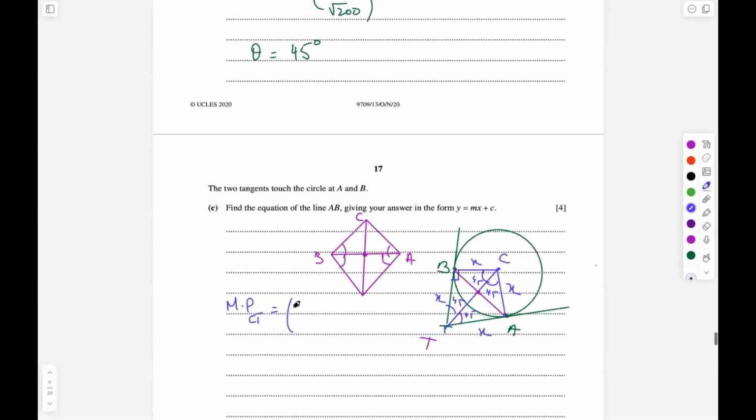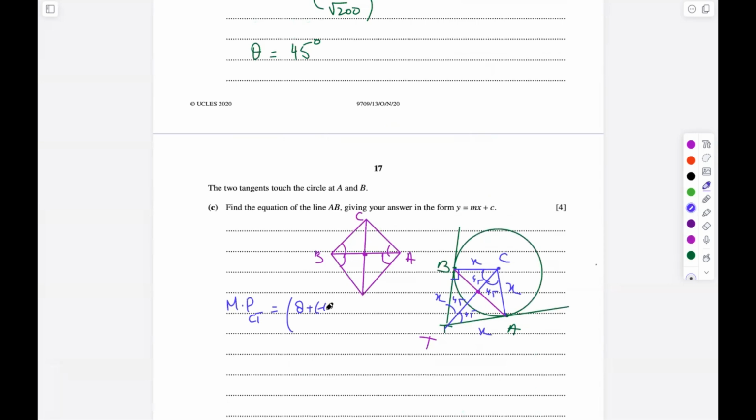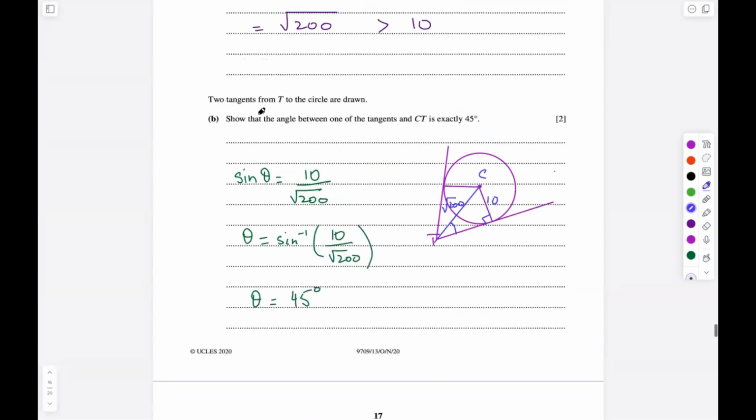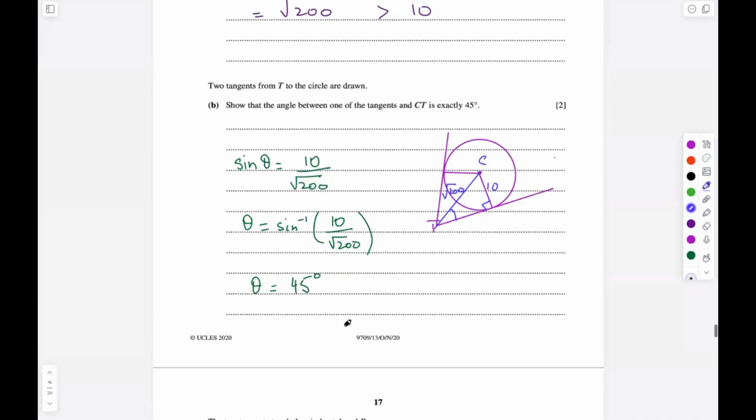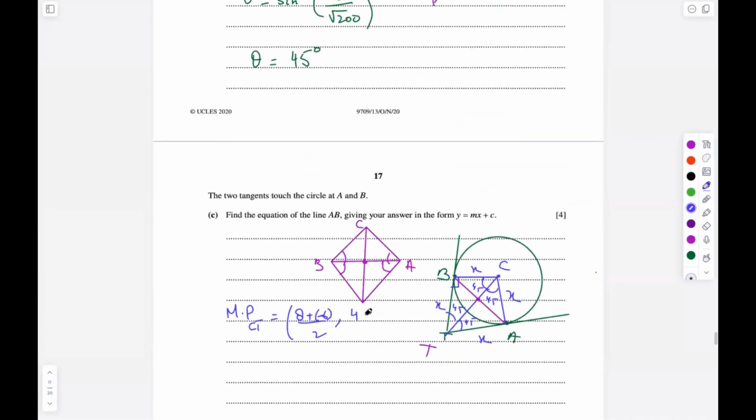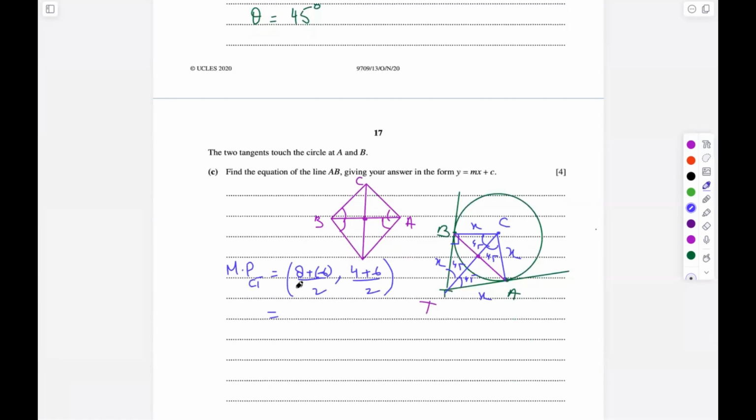So that will become (8 plus minus 6) upon 2, comma (4 plus 6) upon 2. Simplifying, we get 2 upon 2, comma 10 upon 2. So the coordinates of the midpoint of AB, or of CT, which will be equal, are (1, 5).